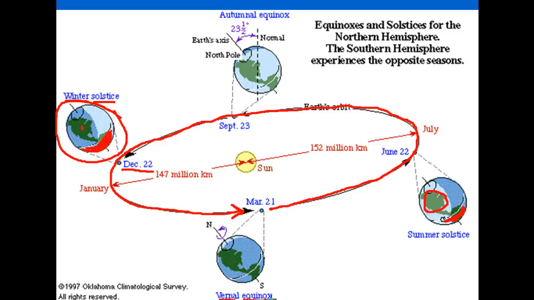Now it should be second nature. Again, remember that equinox sounds like the word equal. So on March 21st, there are equal amounts of day and night, 12 hours of each. Make sure you write that in your notes.